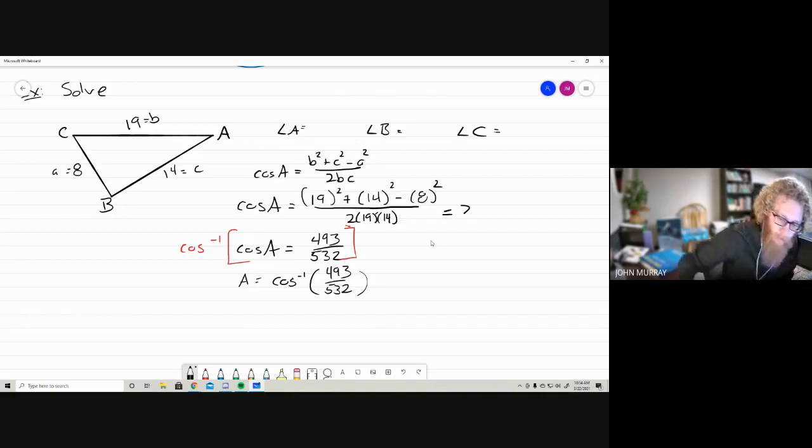That's going to get us angle A. It is about 22.1 degrees. That's a pretty small angle, and it's across from the shortest side, so that looks like it should work.